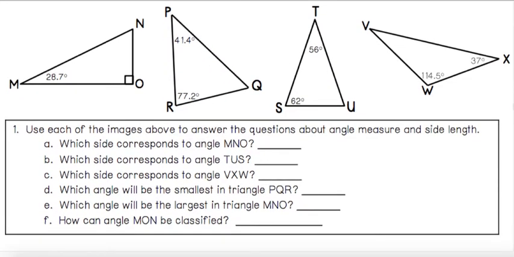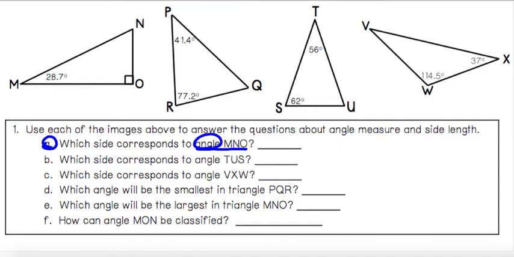The next thing we're going to do is kind of use what we've learned to help us name different parts of a triangle or solve different parts of the triangle. So starting with number 1, it says, use each of the images above to answer the questions about the angle and the side length. So letter A, it says, which side corresponds to angle MNO? So I'm looking for an angle, right?